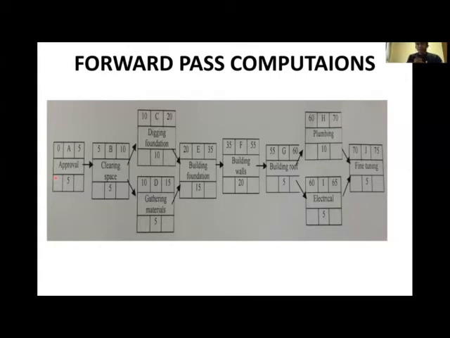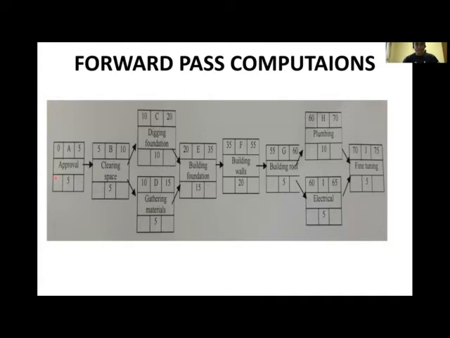I need to mention at this point that for you to do the critical path computations or analysis, you must be able to draw a network diagram from the WBS. If you cannot do that, then it will be very difficult for you to do the critical path analysis because it is dependent on the network diagram. So you need to master how to draw the network diagrams.